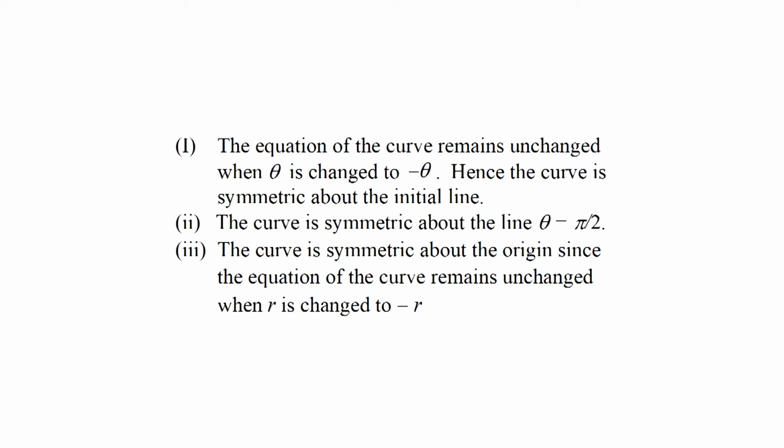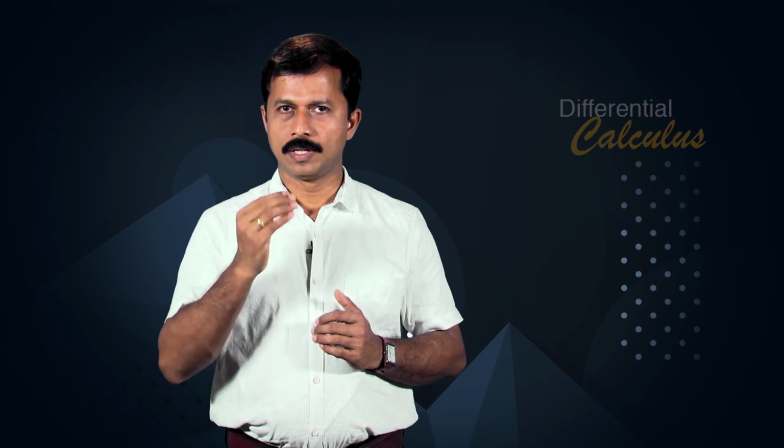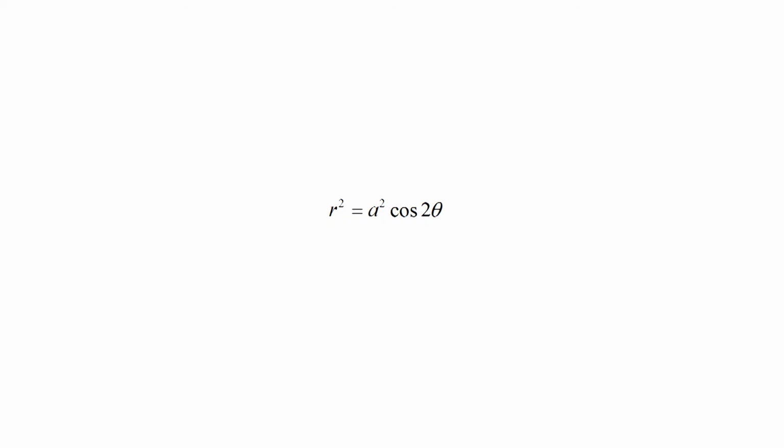We note that no part of the curve shall lie for those values of theta which make the corresponding values of r imaginary. This situation arises in the equation r squared = a squared cos 2 theta.